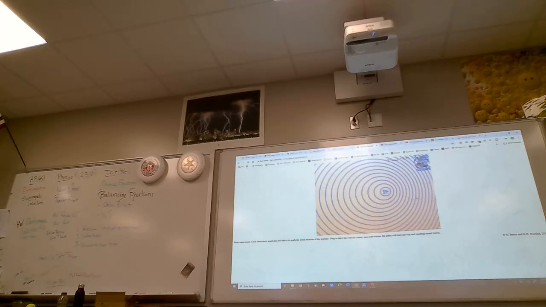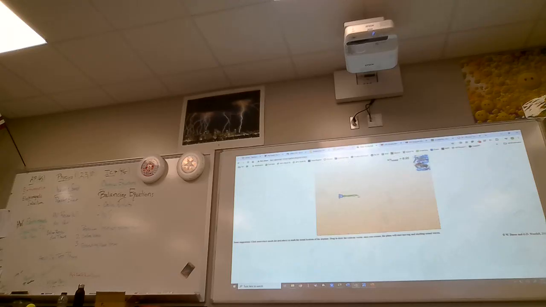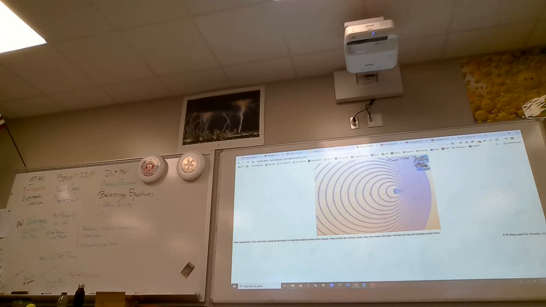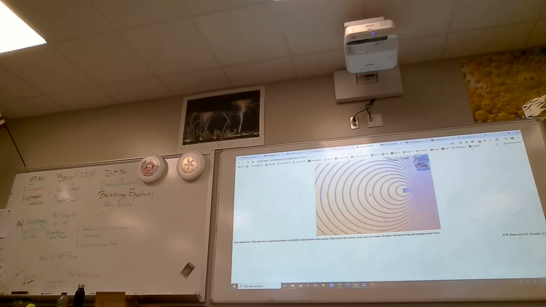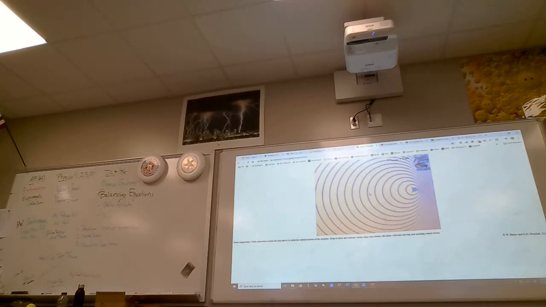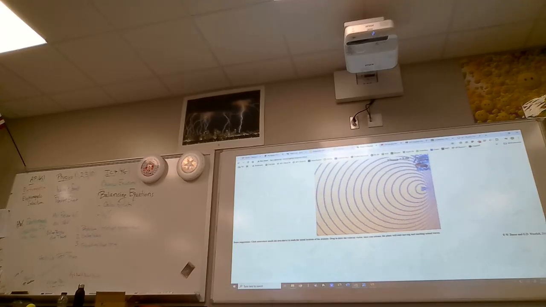This is a third of the speed of the wave. We'll go like two-thirds the speed of the wave. See how the frequency is higher here? It's a more pronounced effect.